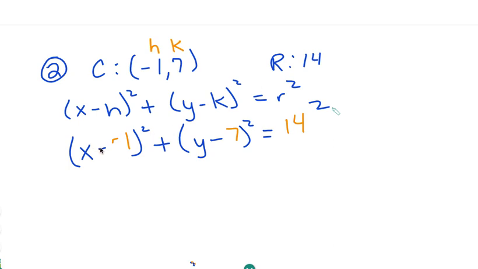So notice that I have my subtraction signs in both of the parentheses, and then I substituted in my negative 1 for my h and my 7 for my k.